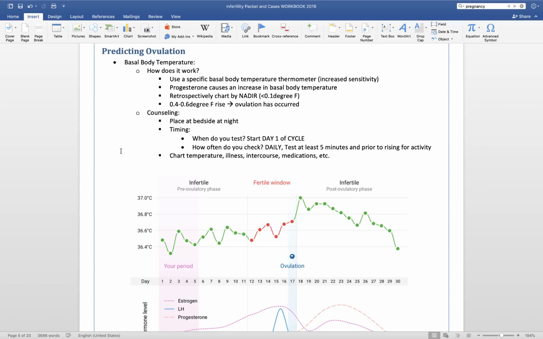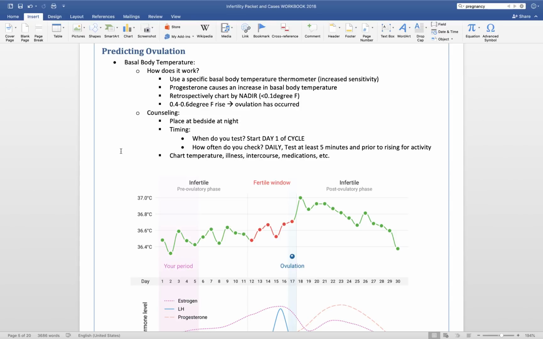to see changes. What happens in the cycle is that in the latter half of the cycle, progesterone can cause an increase in basal body temperature. In the early part of the cycle, estrogen causes a decrease in basal body temperature, and then progesterone, as it begins to be released by the corpus luteum that's surrounding the egg after ovulation, increases body temperature.